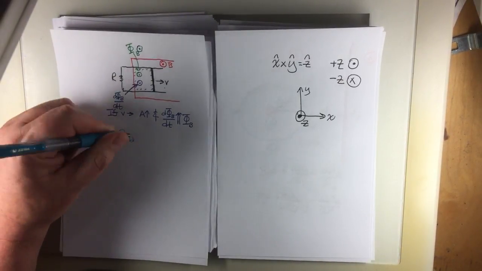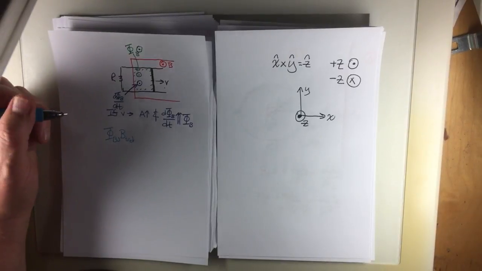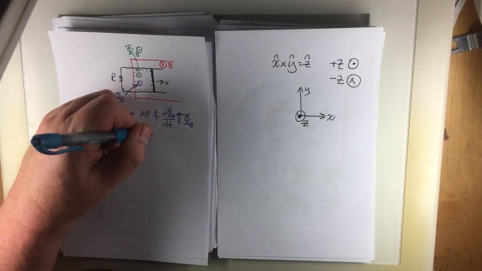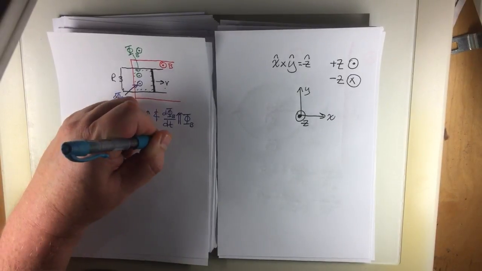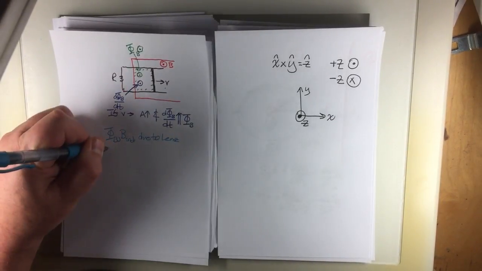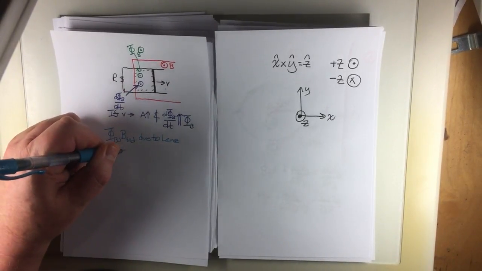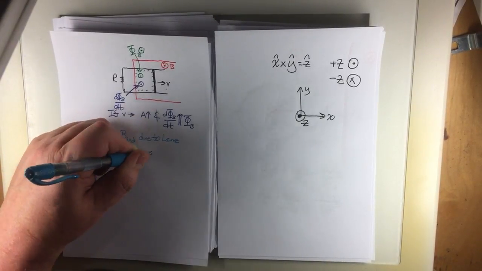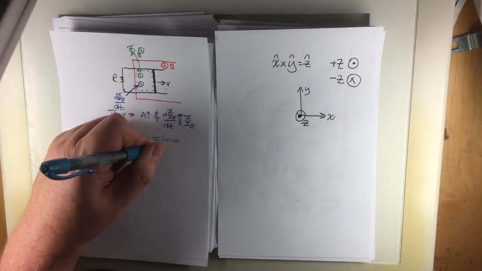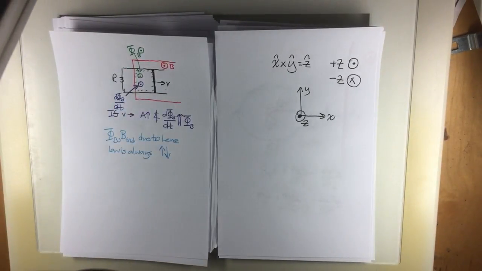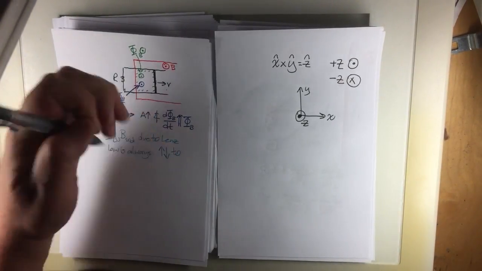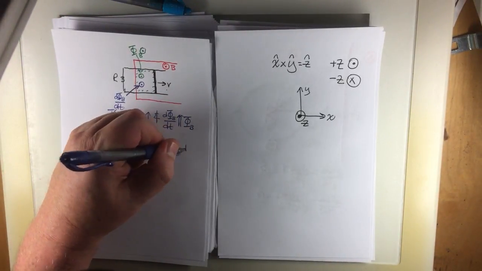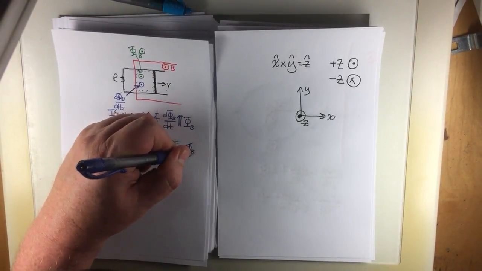The induced B field and the induced magnetic flux, due to Lenz's law, is always anti-parallel to d phi B dt.